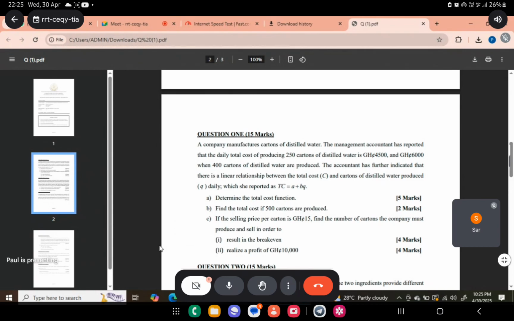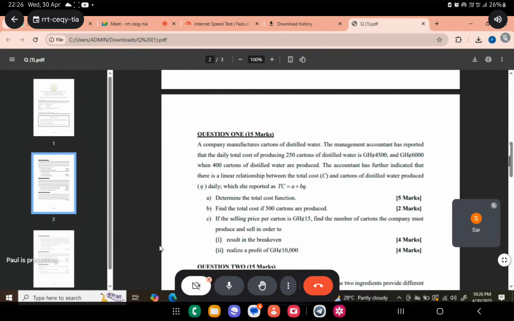The accountant has further indicated that there exists a linear relationship between the total cost and the cartons of distilled water produced, that's the quantity, which she reported as total cost is equal to A plus BQ.